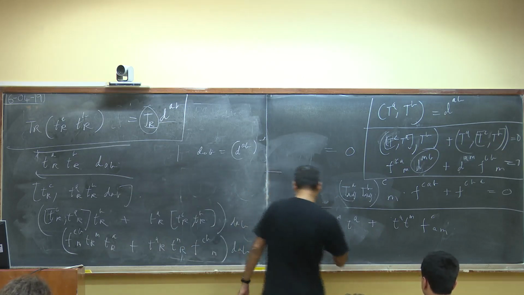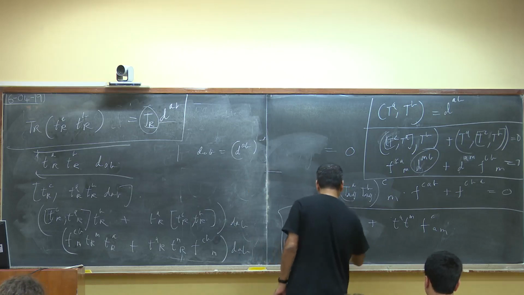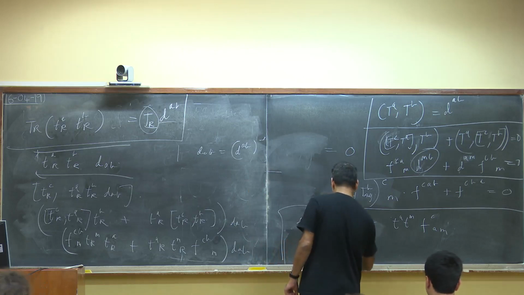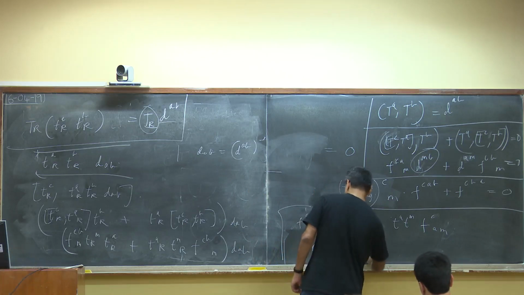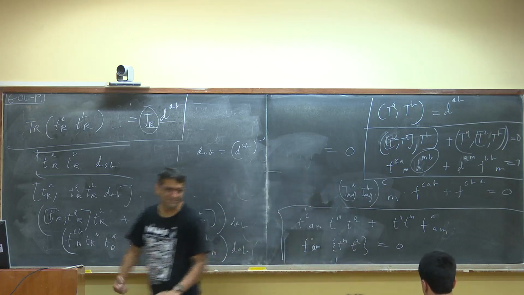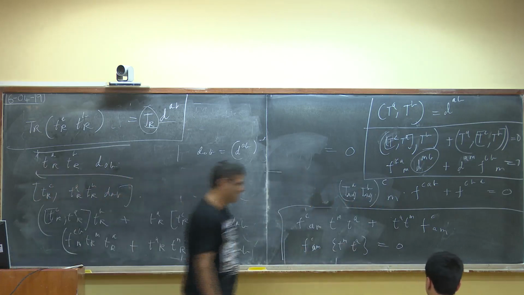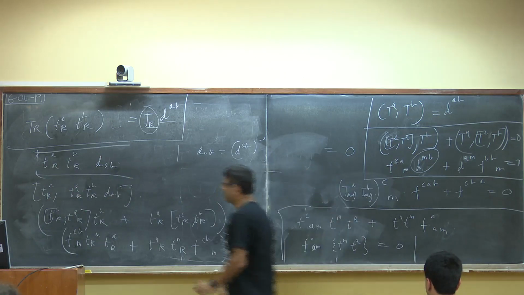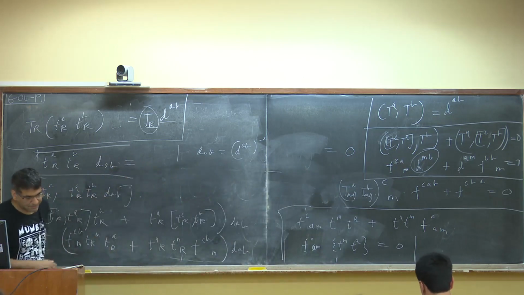So this is F^C_AM times the anti-commutator of T^M T^A, which is equal to 0 because this is anti-symmetric and this is symmetric. Great. So this quantity is invariant.